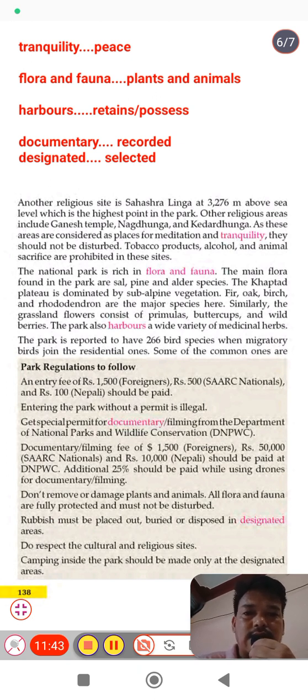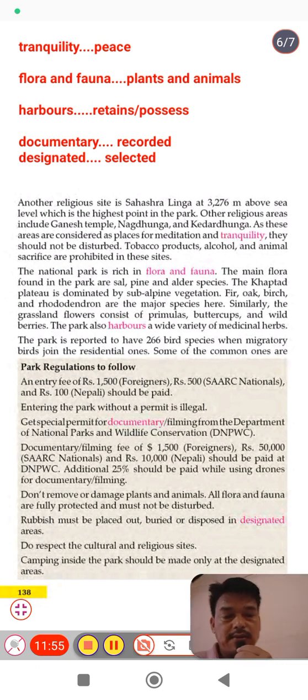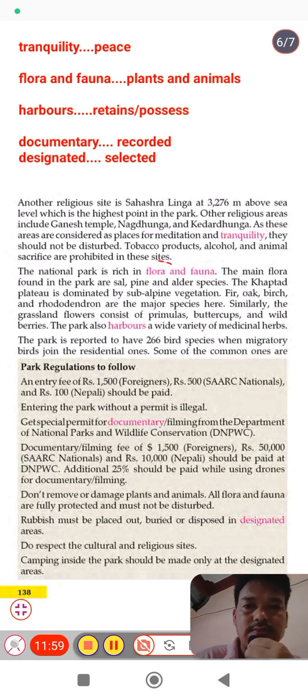These are strictly prohibited. Animal sacrifice, killing and hunting of animals are also not allowed. These are some rules visitors have to know while entering the park.